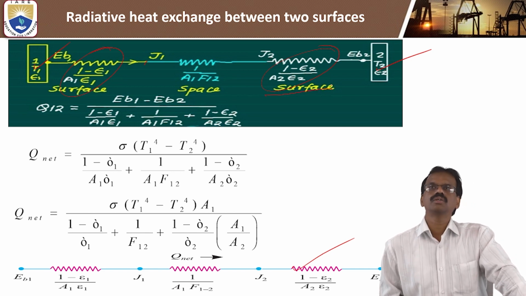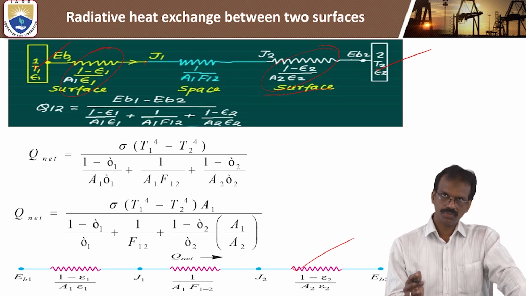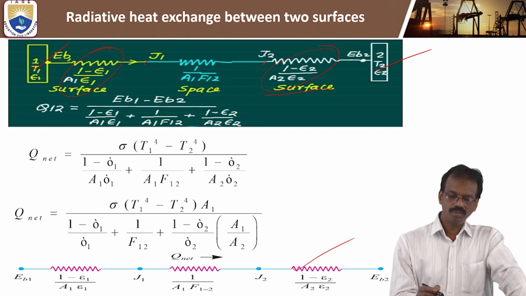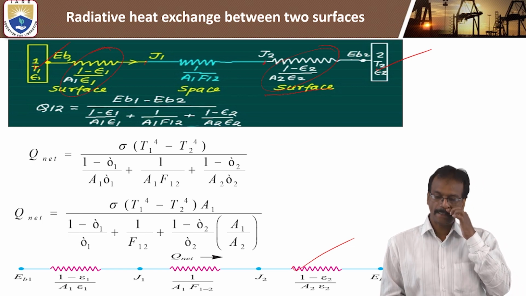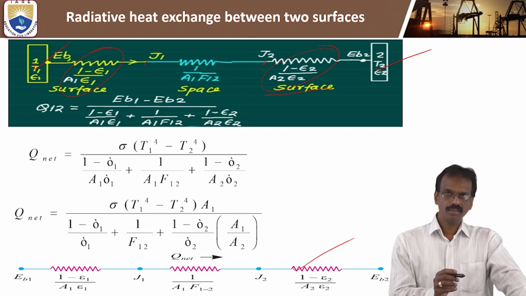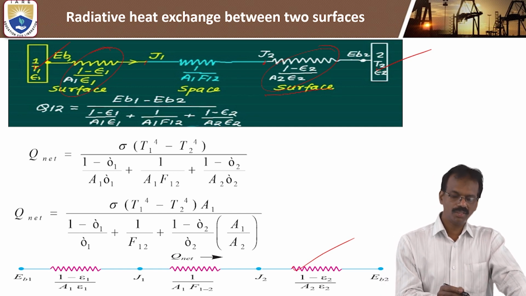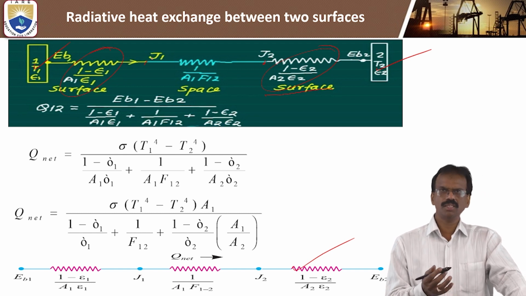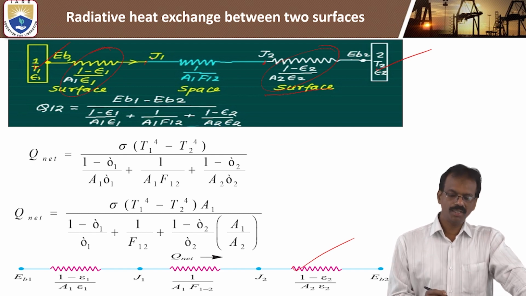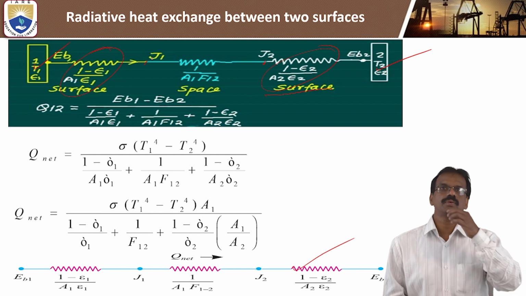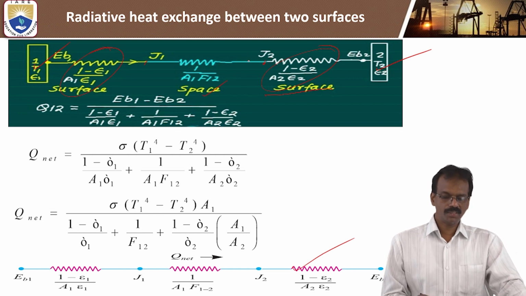Then this is the radiosity J2. Then the resistance between radiosity 1 and radiosity 2 is the space resistance, 1 by A1 into F12. This is called space resistance.